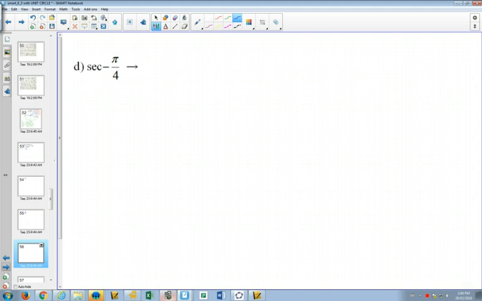Now, once we get to the other ones, the reciprocal functions like secant, cosecant, and cotangent, what we can do is we can first figure out, well, since secant is related to cos, we can figure out cos of the angle. Notice I didn't flip the angle. We never change the angle. Pi over 4 family for cos is root 2 over 2.